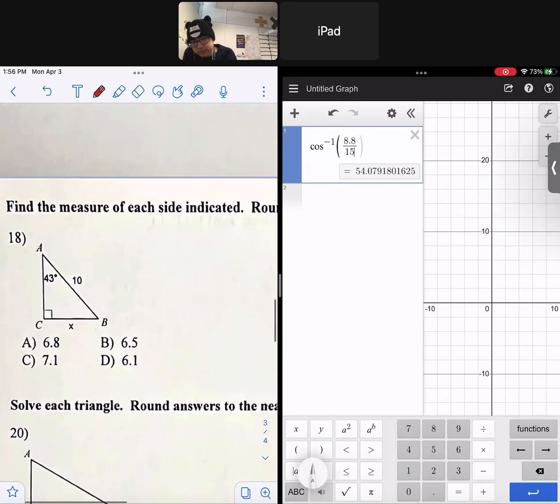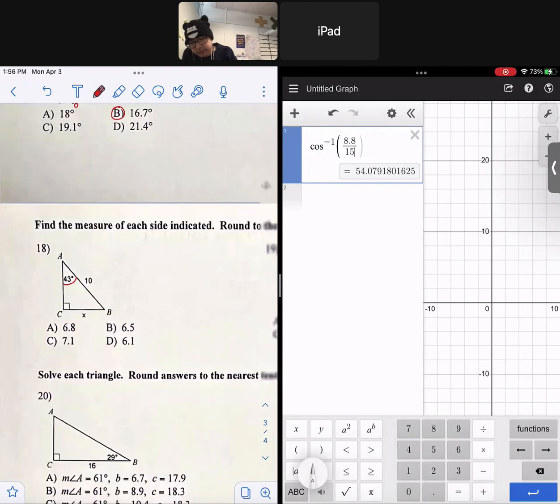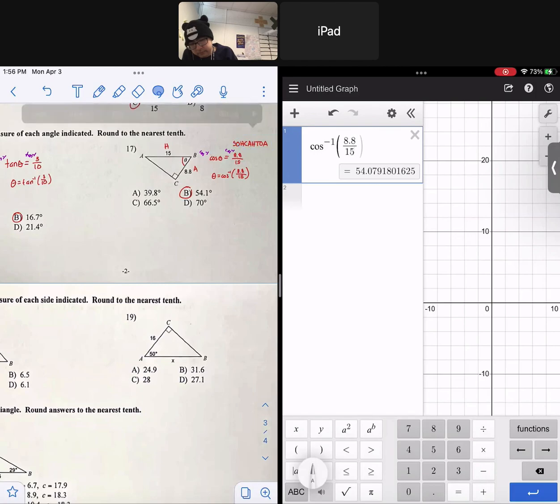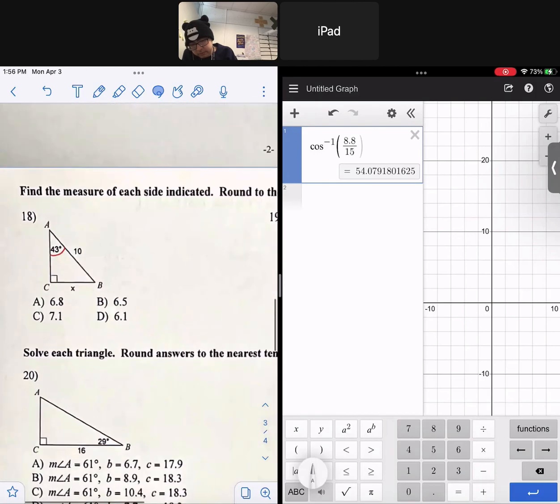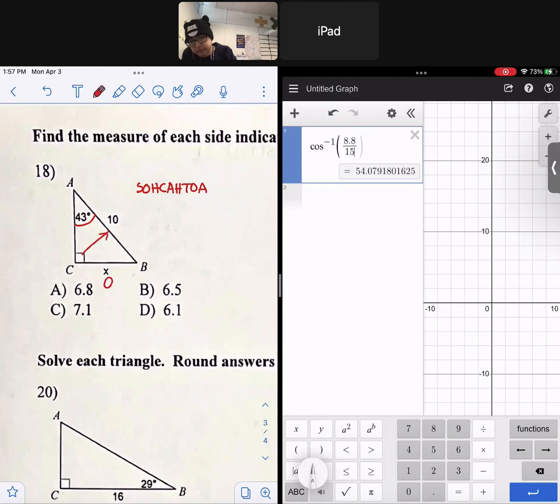Okay, this one, we gotta find the side length. In the perspective of that angle, the furthest side from there is the opposite side, and the one across from the 90 degree is the hypotenuse. So this one's definitely using sine.